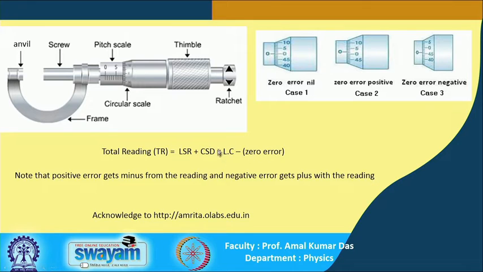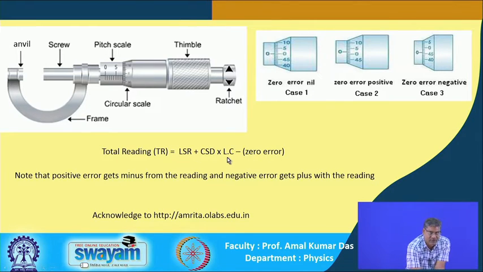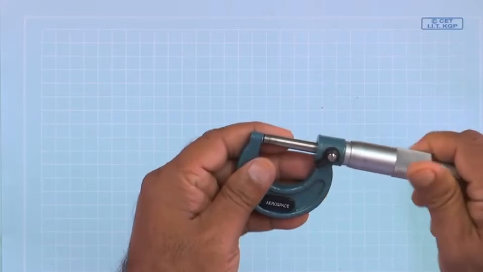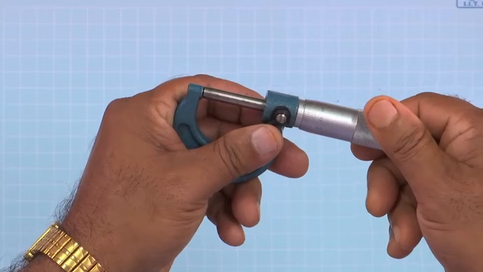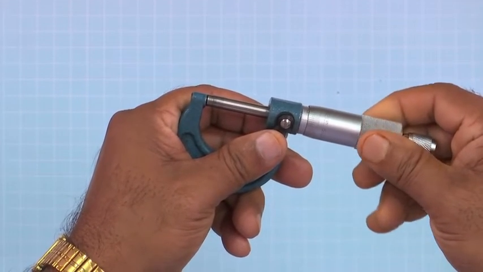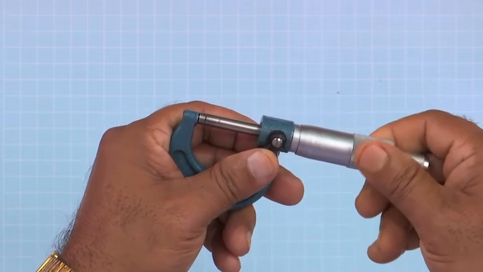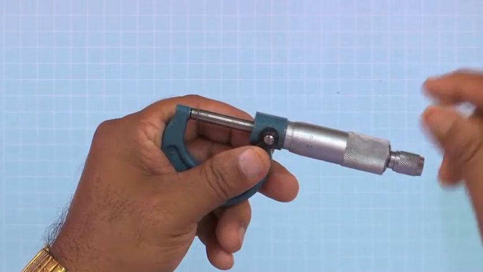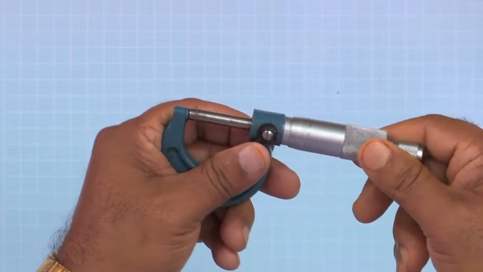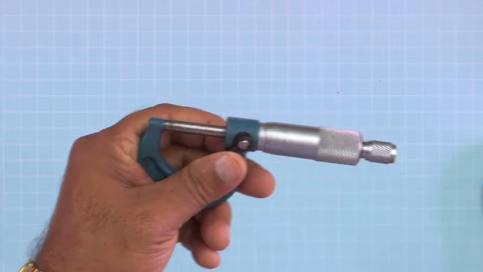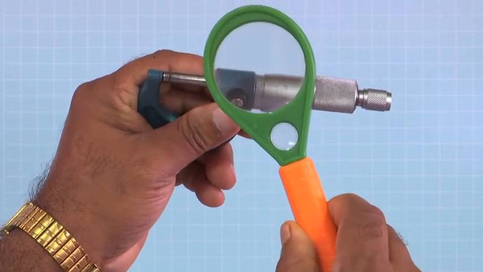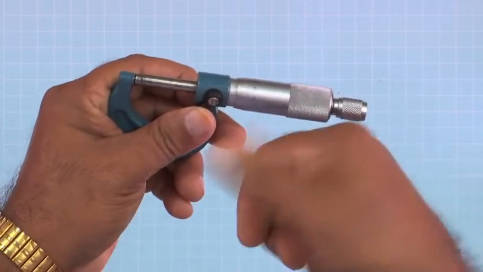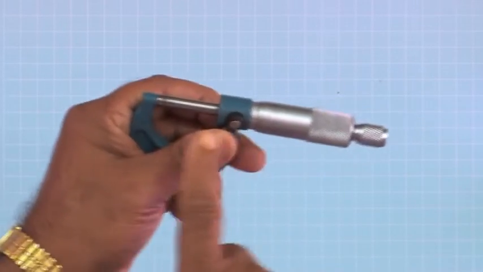Now I have to tell you how to find the least count. Here you see first the zero error, and after that I rotate by one complete circle. You can see it has come out. One rotation I have given; I should give more, then you can see the linear scale.